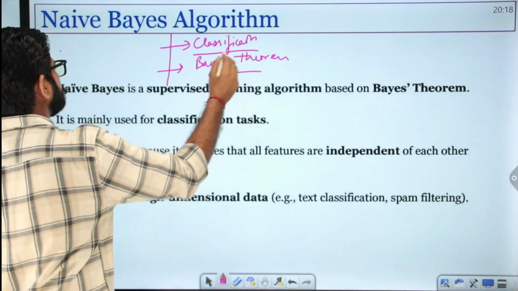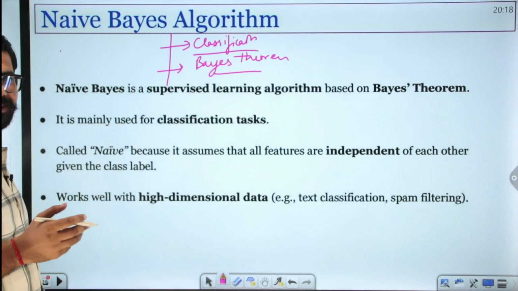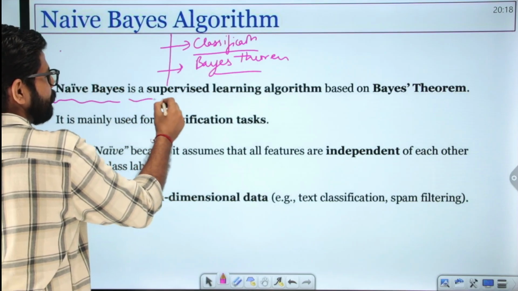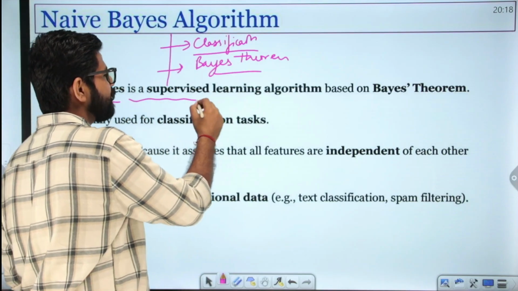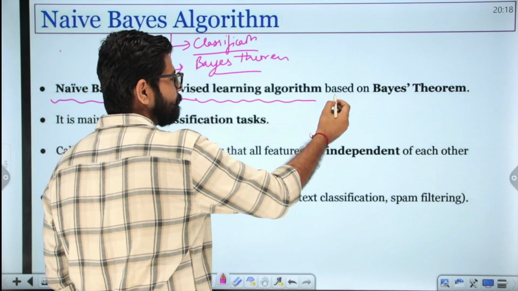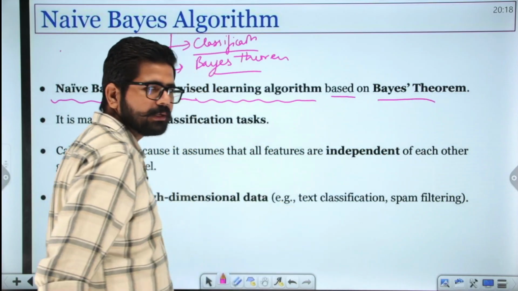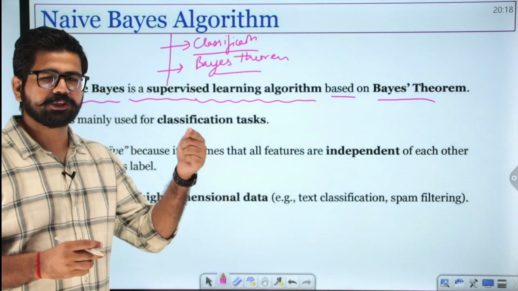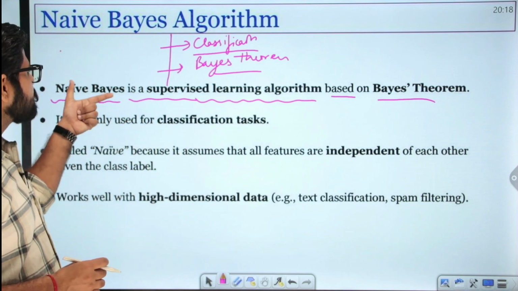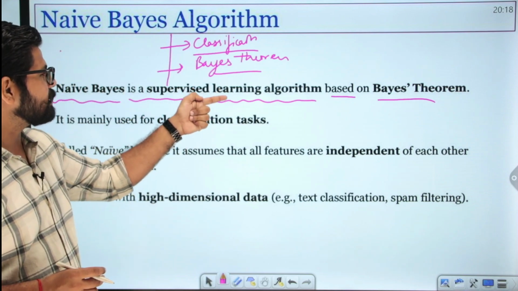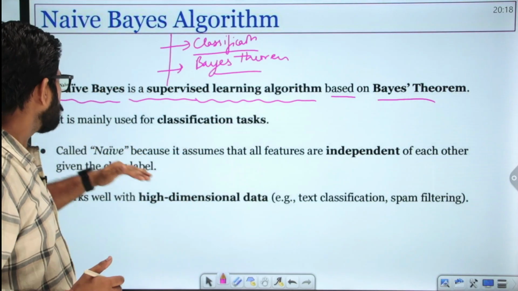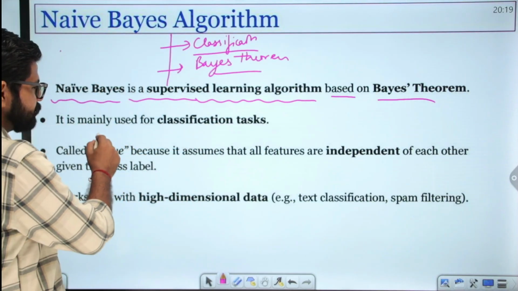Now the third term that comes to mind is naive Bayes. Naive Bayes is a simple supervised machine learning algorithm based on the Bayes theorem. I hope the Bayes theorem concept is clear till now. It is mainly used for classification tasks.